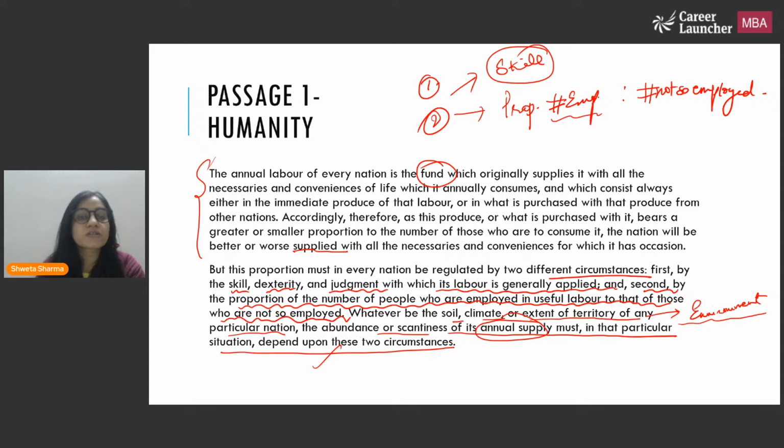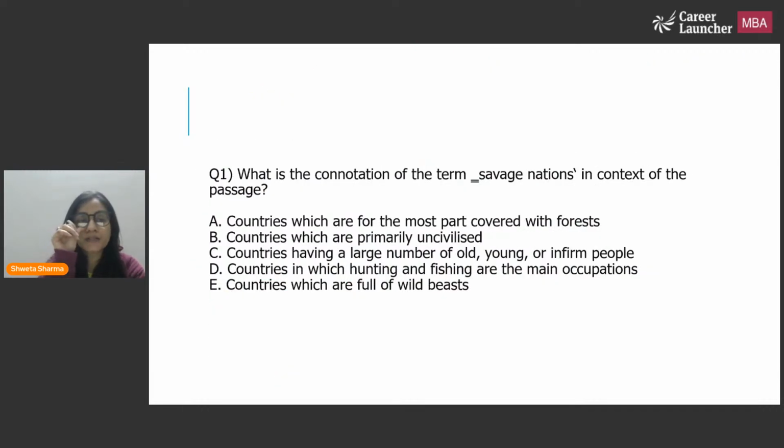Let's have a look at the questions and see if we're able to figure out the answers. What is the connotation of the term savage nations in the context of the passage? Connotation means talking about the tonality. The author talks about tonality here. Please have a look at the question. Let me know once done. Then we discuss it.